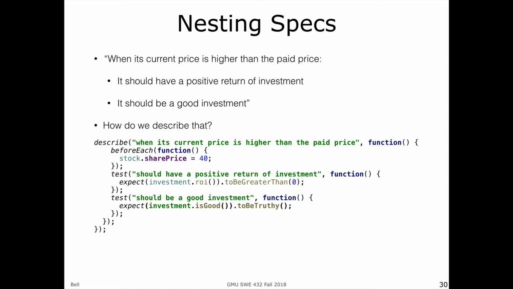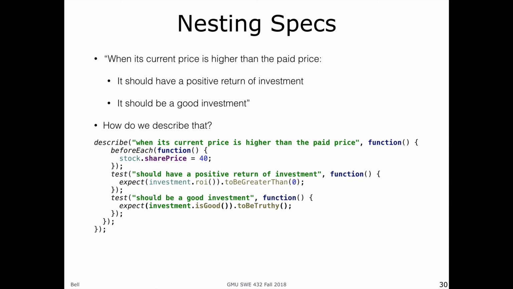Maybe going back to the idea of the investment, we could describe a scenario like when the stock's current price is higher than the paid price, we have a few things that we want to test in that scenario. So we have this nesting between the describe and the test, which goes back up against literally what our spec was, where we had this thing and then this stuff nested within it.